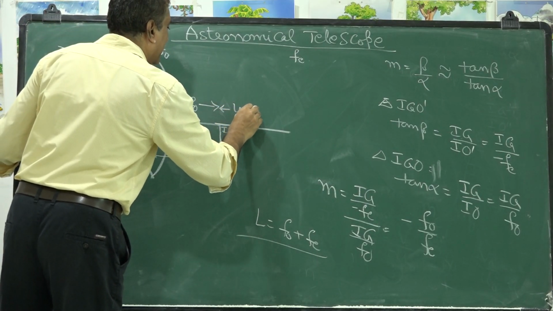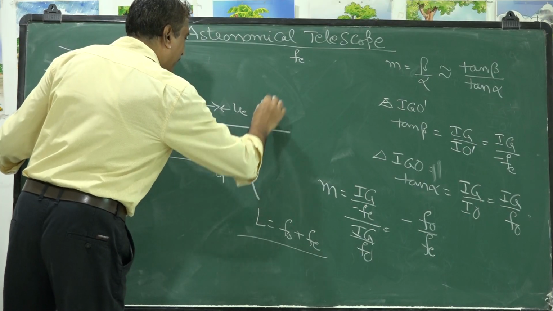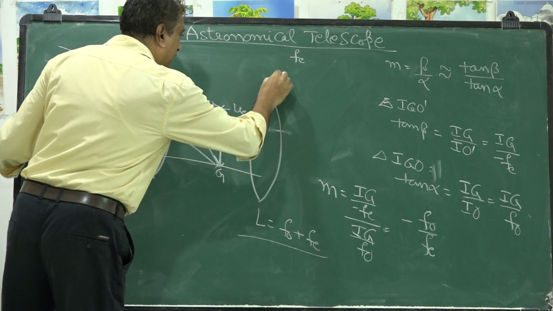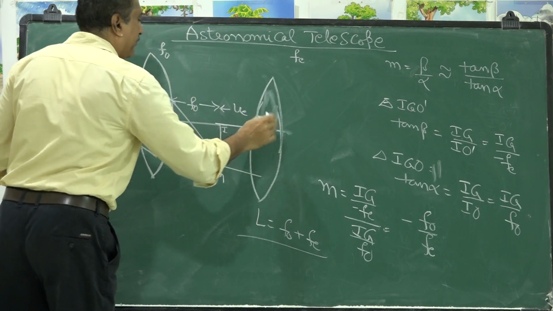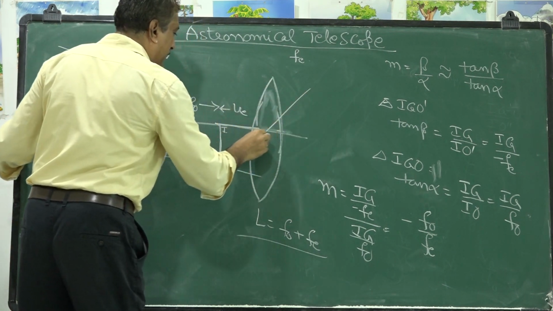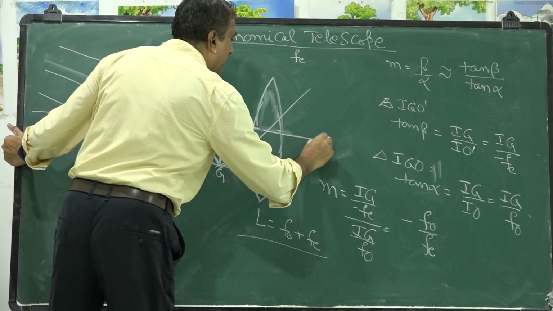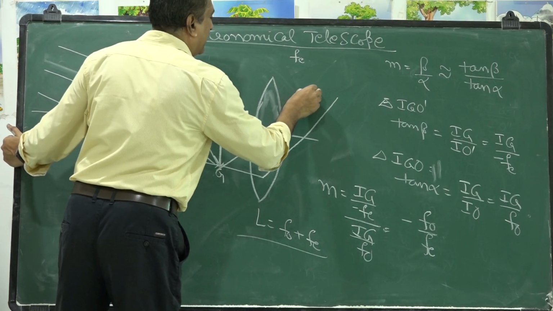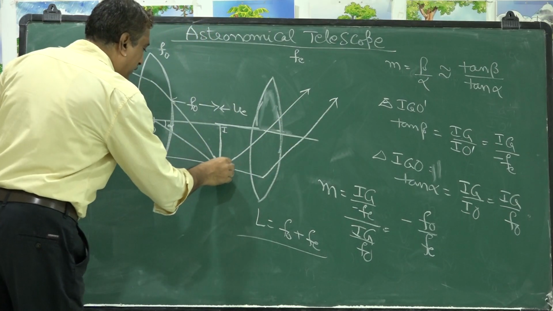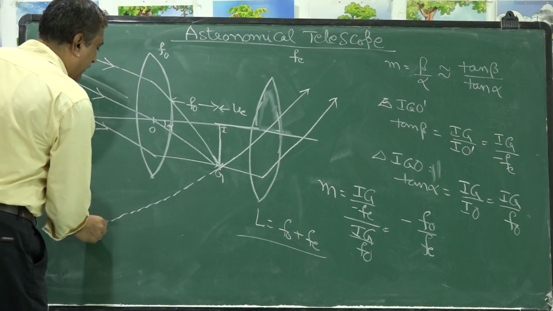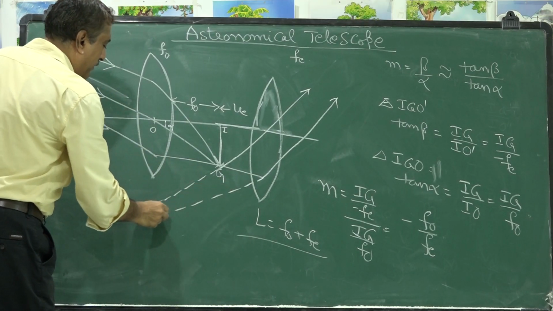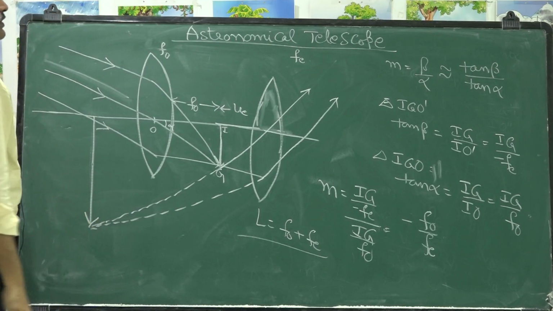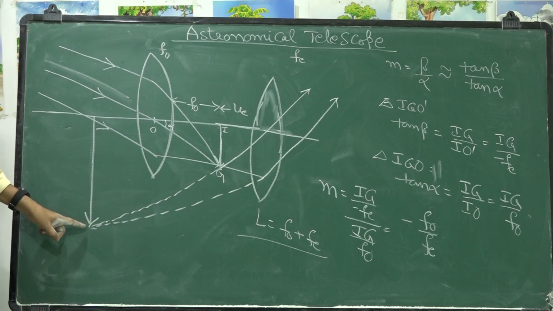Suppose it is assumed to be at a distance UE. So, the image is formed at this particular position.